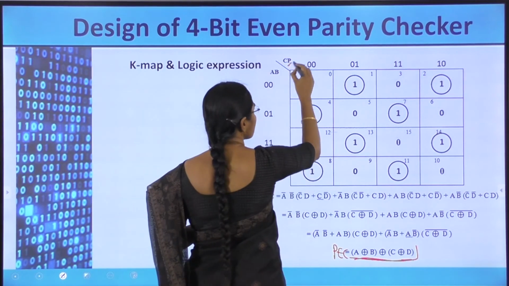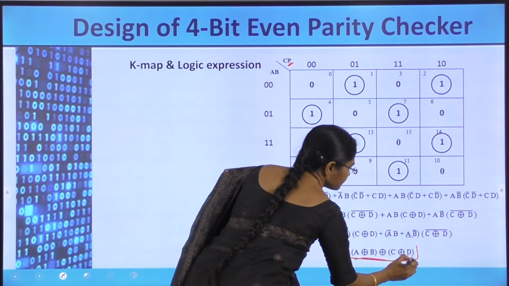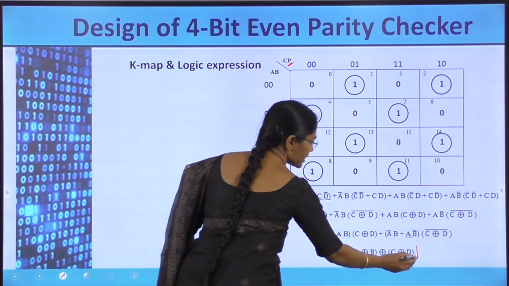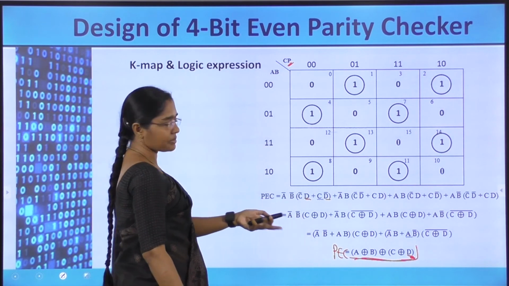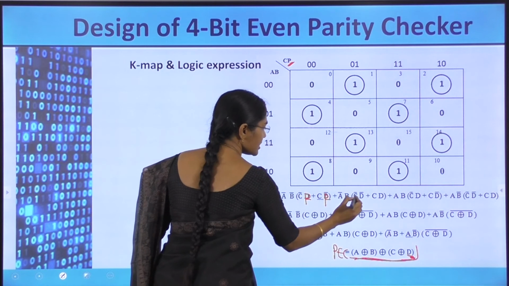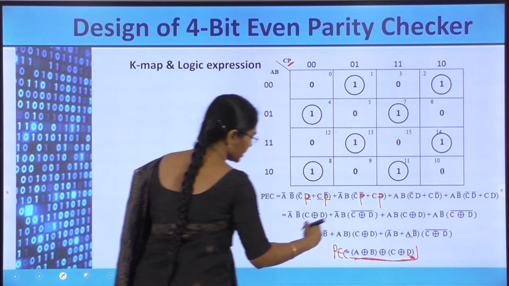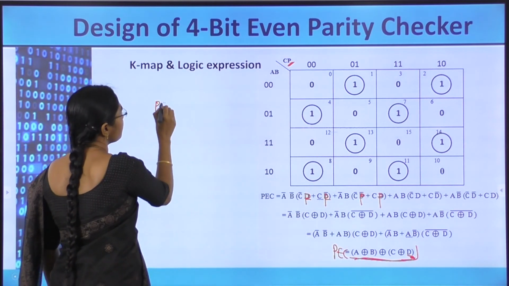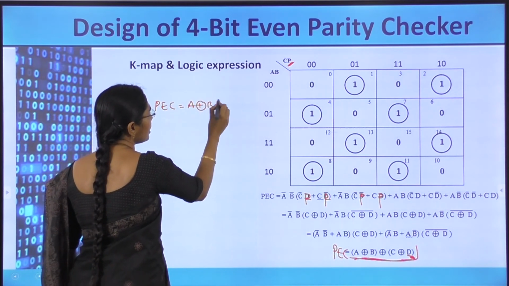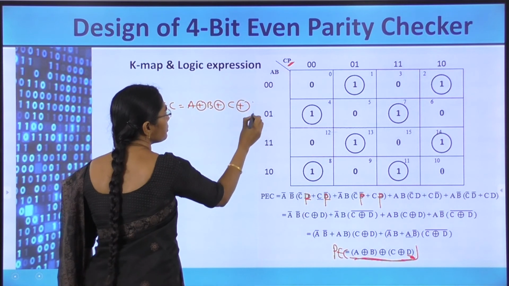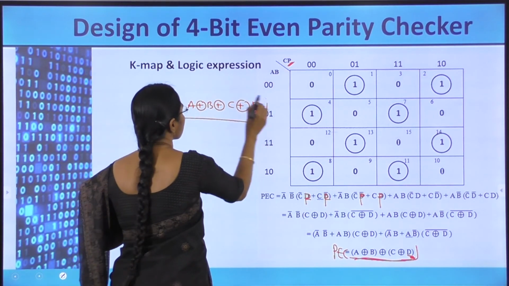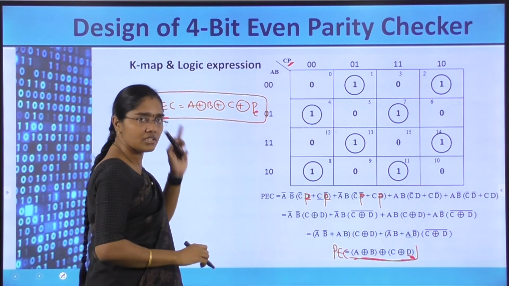If that fourth bit is taken as P, it should be P. Here min terms were written in terms of D, therefore it is represented as A B C D XOR operation, but since our expression is P, wherever D is there, it should be P. Therefore the final expression is PEC equals A XOR B XOR C XOR PE, the even parity generation bit. This is the expression for the even parity checker.